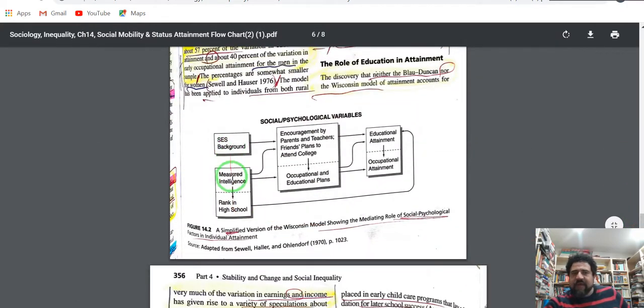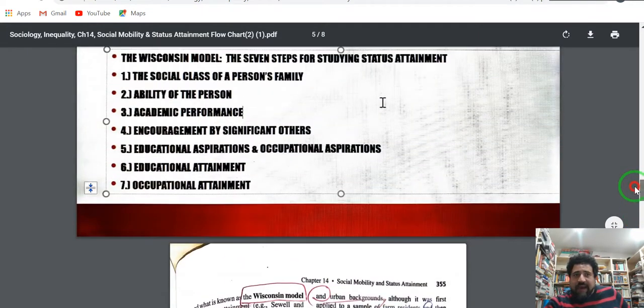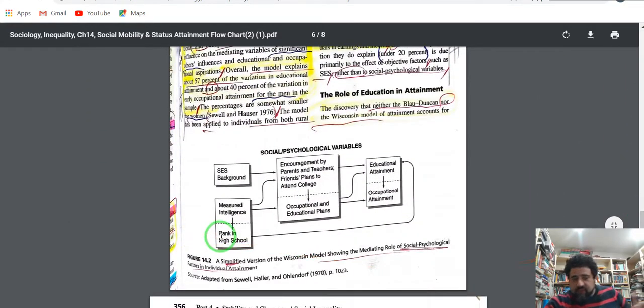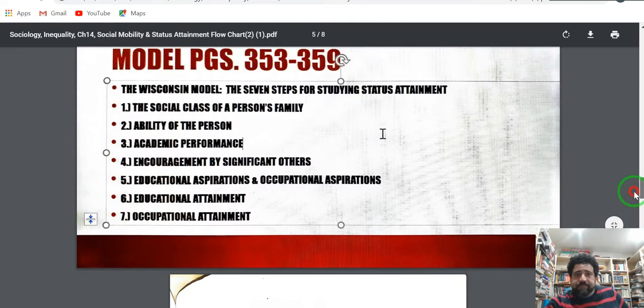Your socioeconomic background; your measured intelligence, meaning your ability; third is rank. Academic performance is essentially rank in school and high school, whatever. The fourth here is encouragement by parents and teachers, which we mean by significant others.